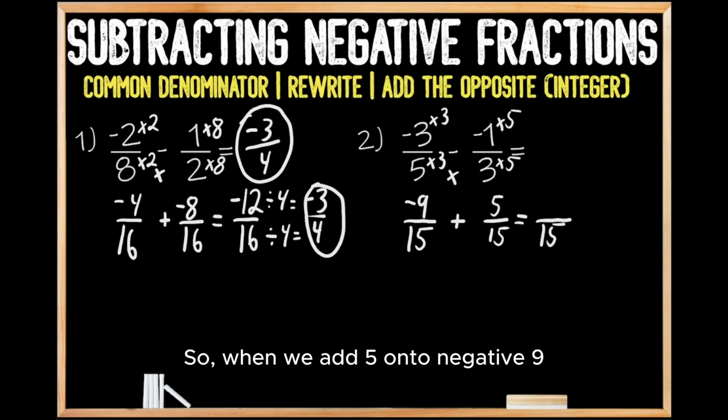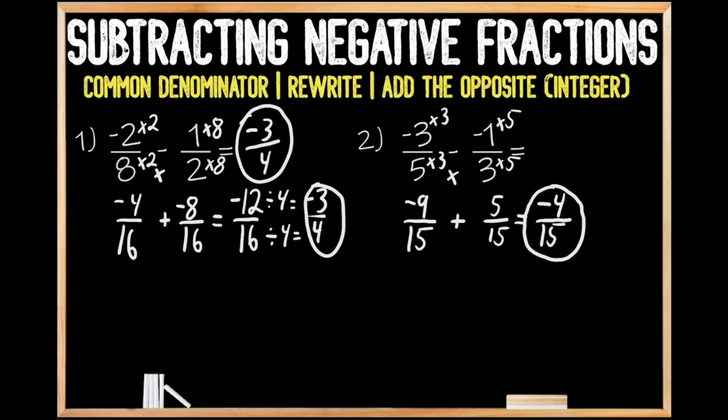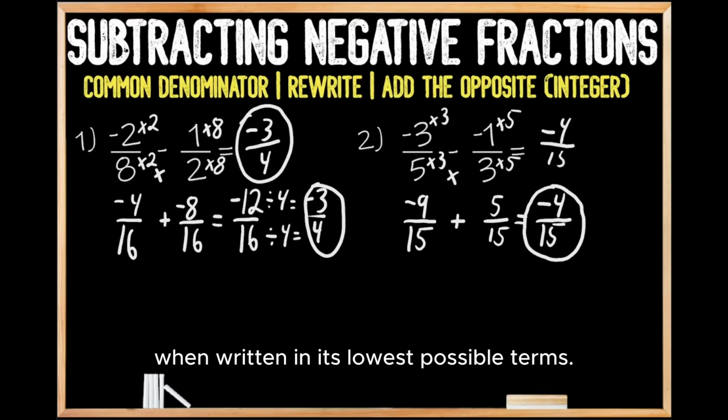When we add 5 onto negative 9, that's going to give us negative 4, for the fraction of negative 4/15. Since there's no common factor between negative 4 and 15 other than 1, we're done. We've already written this fraction in its lowest possible form. So when we subtract negative 1/3 from negative 3/5, we get negative 4/15 when written in its lowest possible terms.